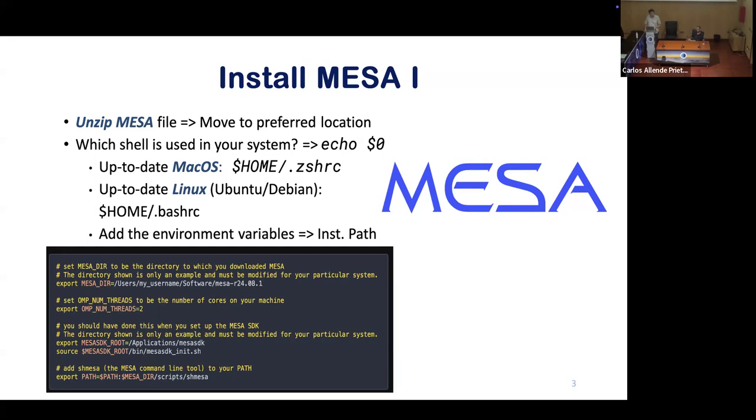And do you have an approximate idea of how much space is needed for the whole install? Are we talking gigabytes or tens of gigabytes? I think the SDK is maybe a few hundred megabytes. It's not a lot for the SDK. For MESA itself, zipped it's 2 gigabytes, and I think unzipped it's around 10 to 12 gigabytes.